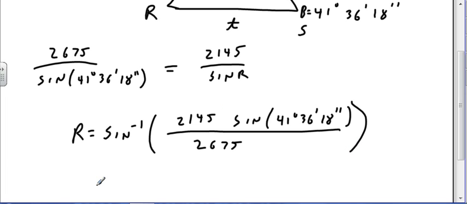Alright, so now I can find R. 2,145 divided by 2,675 times the sine 41 degrees, 36 minutes, 18 seconds, close parentheses, boom.